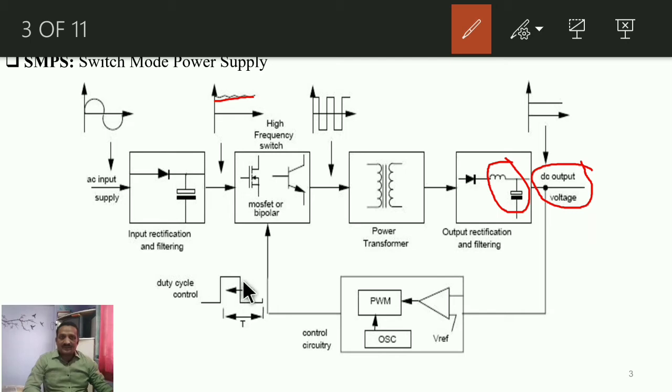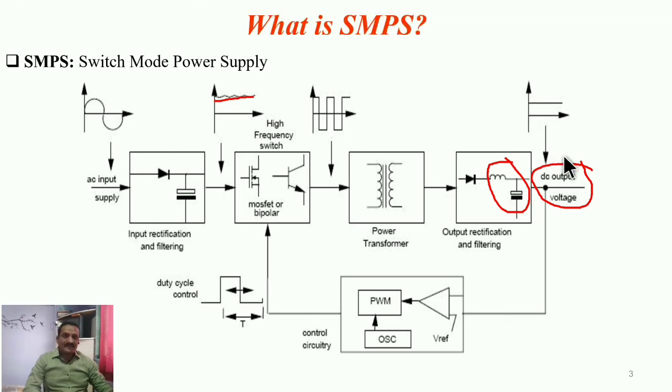Whenever the on period gets decreased, automatically the power delivered by the switching transistor, the switching components, will get decreased, and hence the output will get retained to its normal required value, that is 10 volts. So this is the basic concept, the basic block diagram of this SMPS.